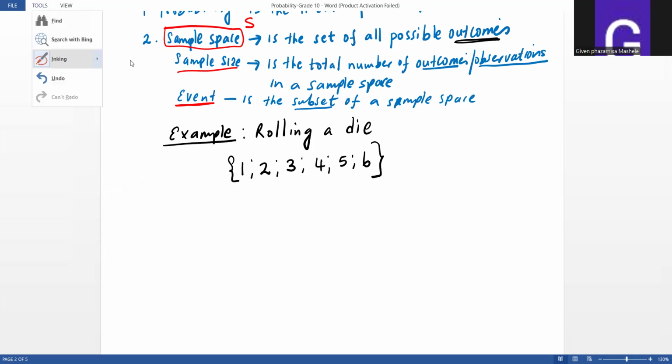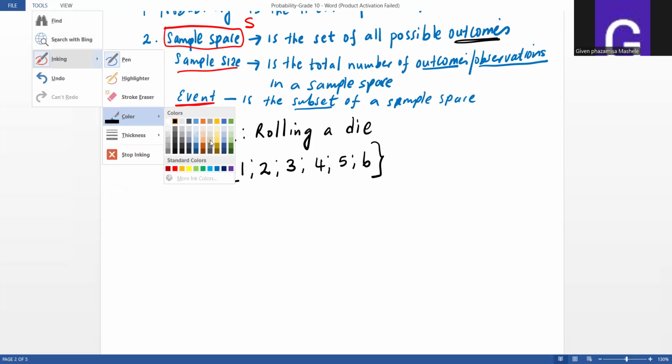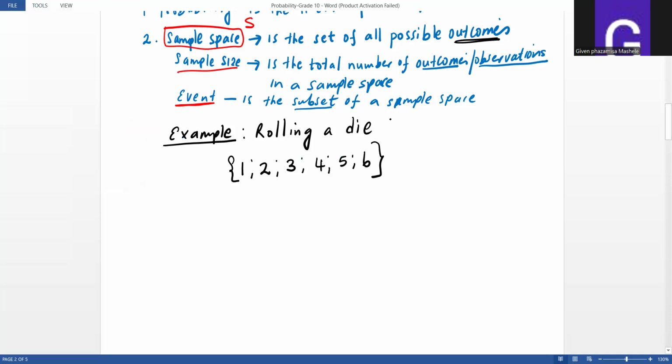It means that this is the set of all possible outcomes that we can get on a die. And this set of all possible outcomes is referred to as the sample space. So the set of all possible outcomes in an experiment is called a sample space.